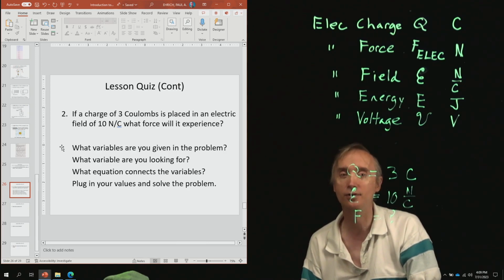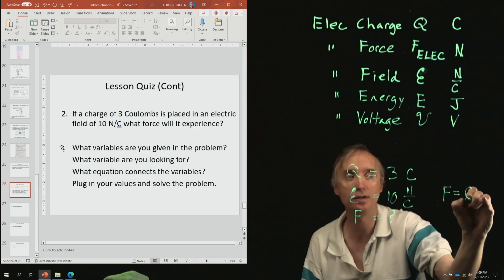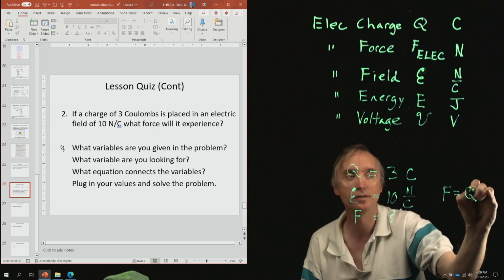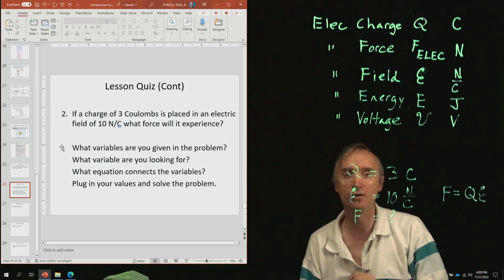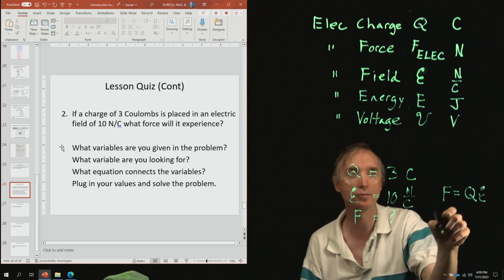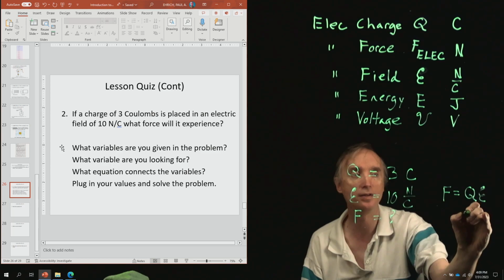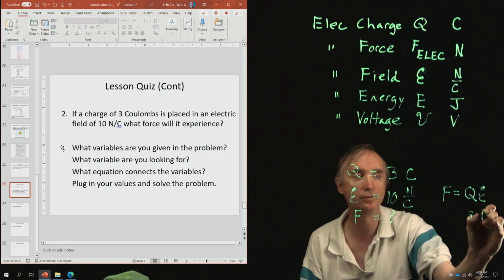Now, what equation connects the variables? We had a formula that said the force of electricity is equal to Q times E. So now all we've got to do is plug your values in and solve it. We know Q is 3, and we know E is 10.